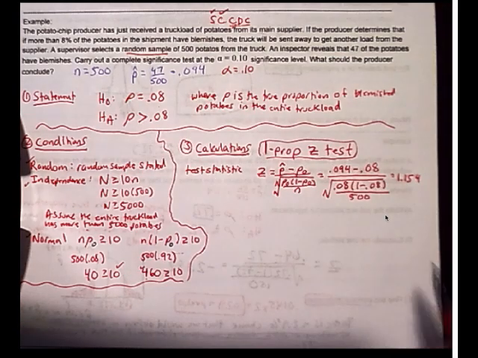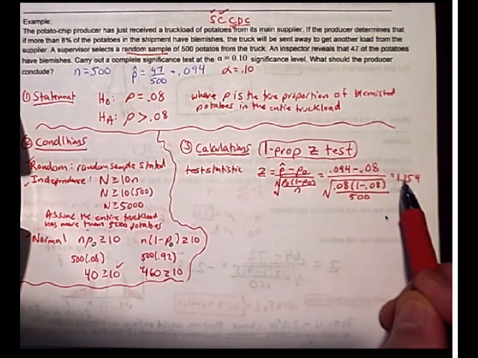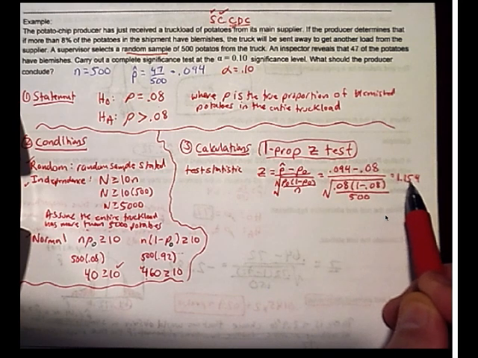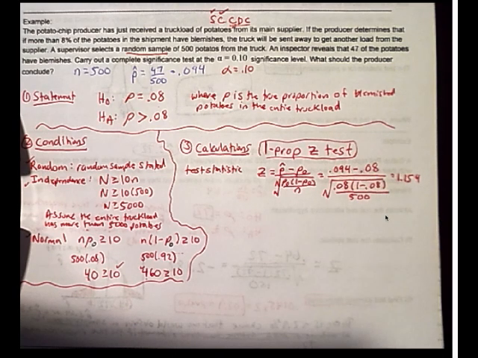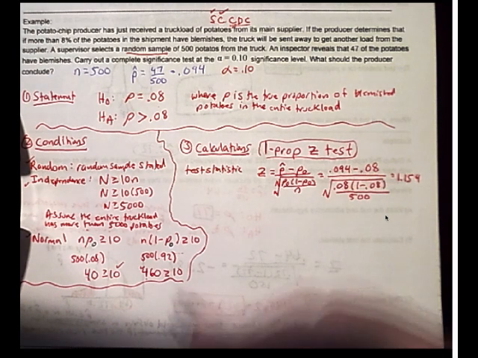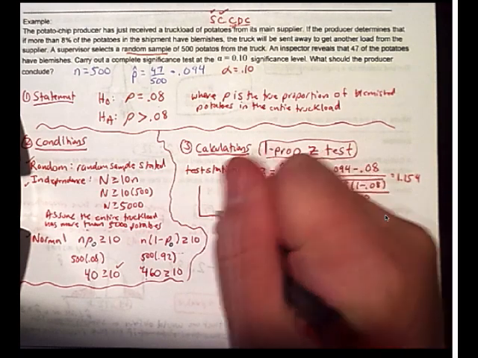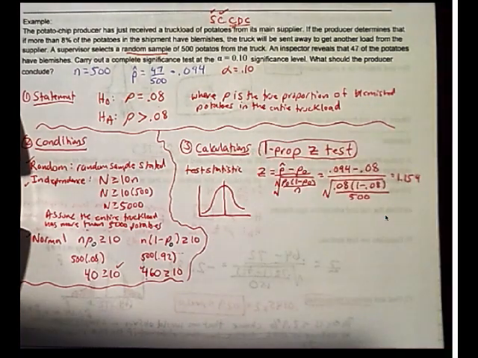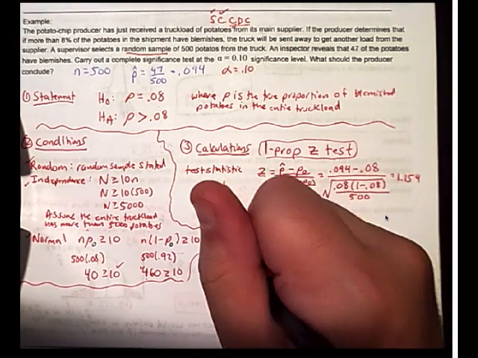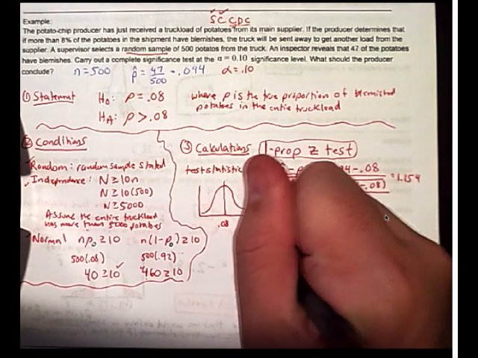So what is this saying? This says that our p hat falls 1.15 standard deviations above the assumed center in our distribution. Okay, so if I made a curve of this, and it's a good idea to make a curve, we're assuming the p is 0.08, that goes in the center.